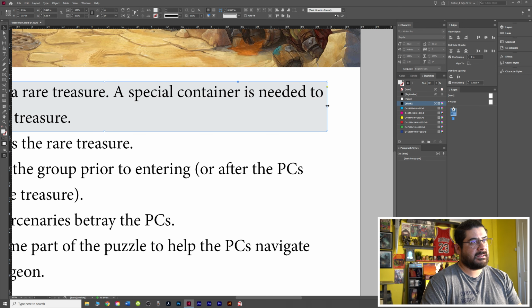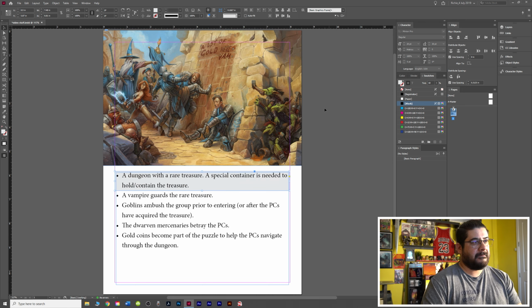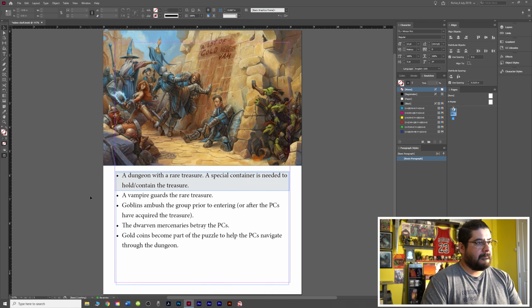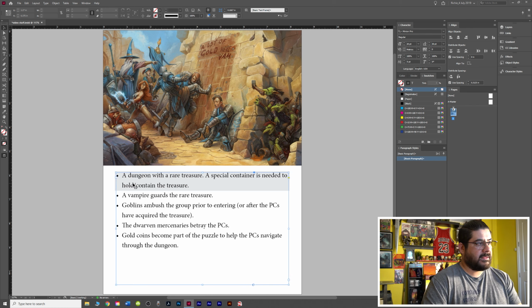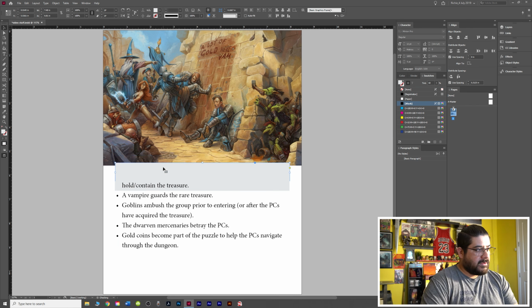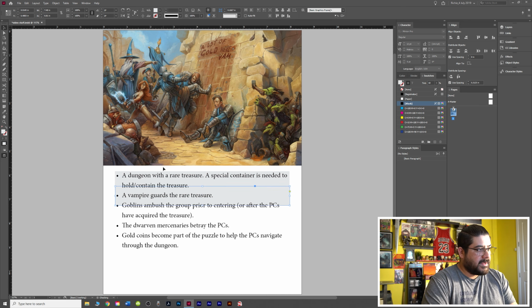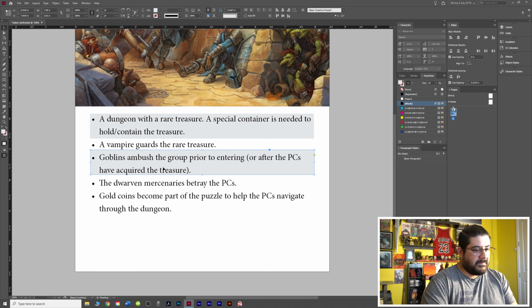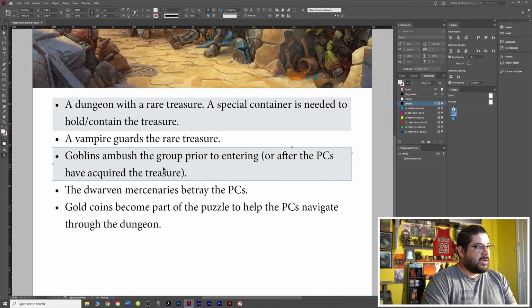So I need to make this a little bit bigger, like that. Okay? And then we're going to take this and lock it. We'll take this and copy it. We don't need to have too many of them. You see this all the time, right? It's just to help create a visual separator between bullet points is all.